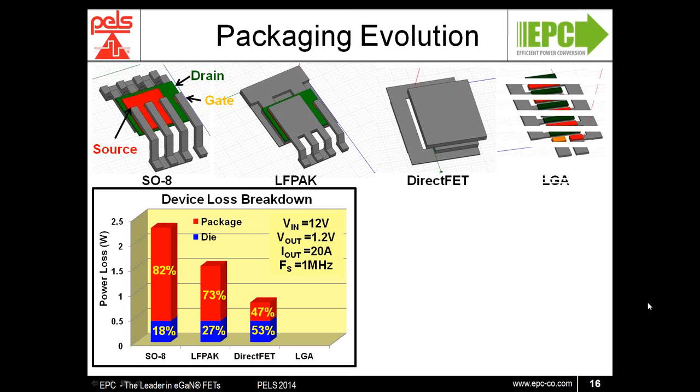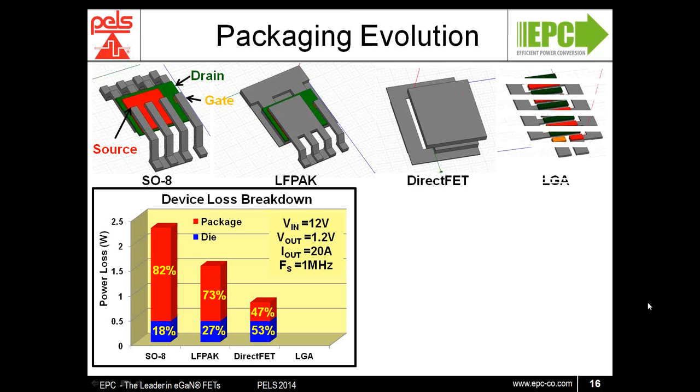With a GaN FET's LGA (land grid array) structure, the drain, source, and gate terminals of the device are all on the same side of the die. This allows direct mounting of the device onto the PCB, minimizing the need to bring the drain from the back of the die down to the PCB.